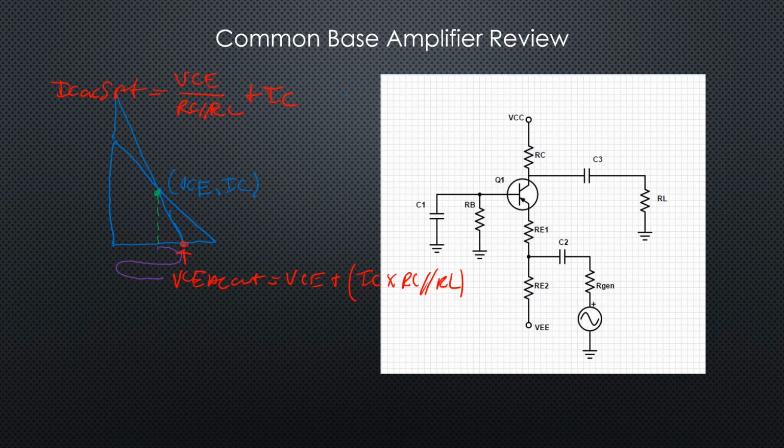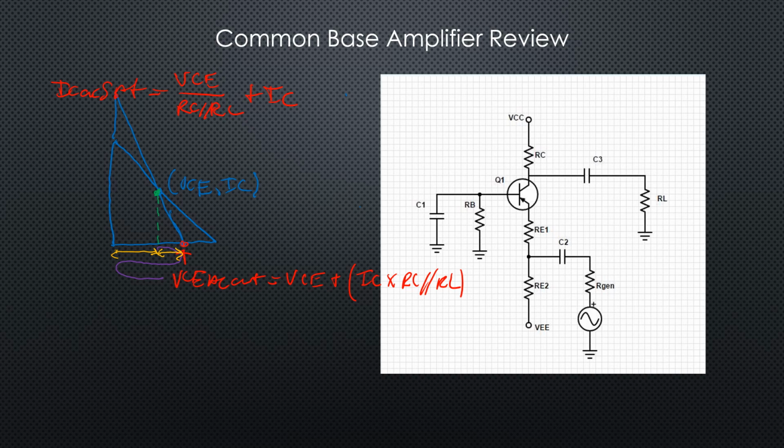So it's either going to be VCE, which would be right here to here, or VCE AC cutoff minus VCE, which would be right to here, whichever one of those is smaller.